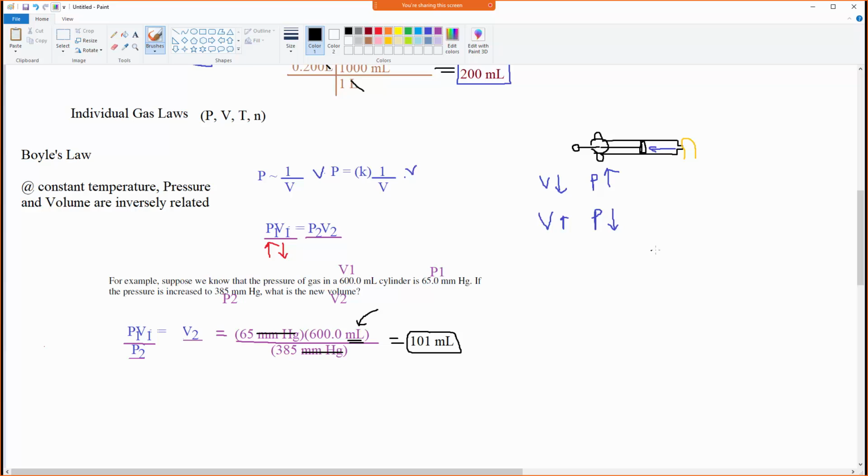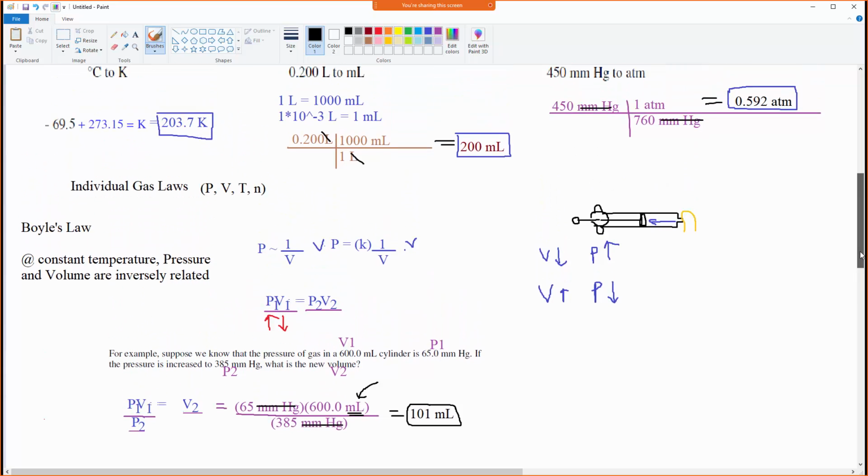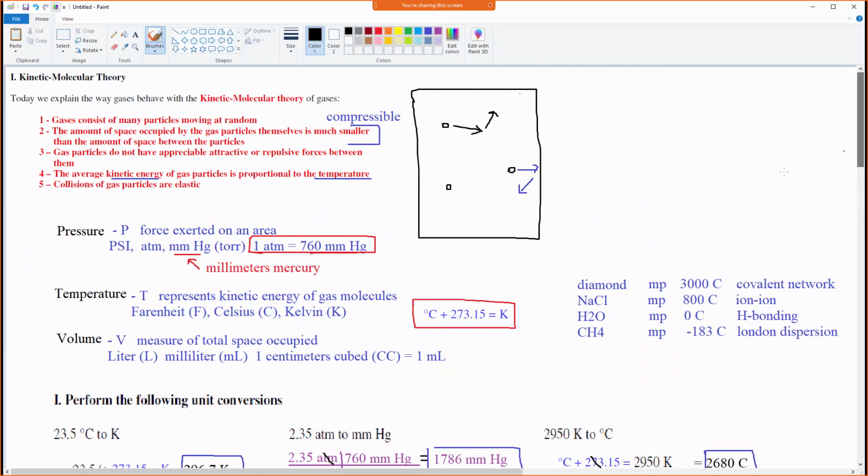Perfect. All right, before we go on to the next gas law, I want to bring us back up here to our kinetic molecular theory and explain why, if we decrease the volume, we can expect the pressure to increase. What does this have to say about why Boyle's law would be a thing?